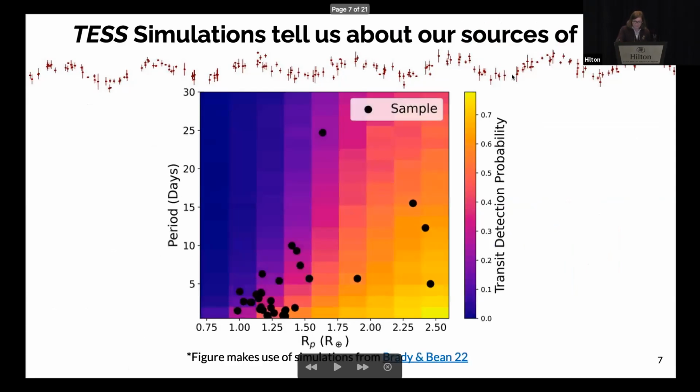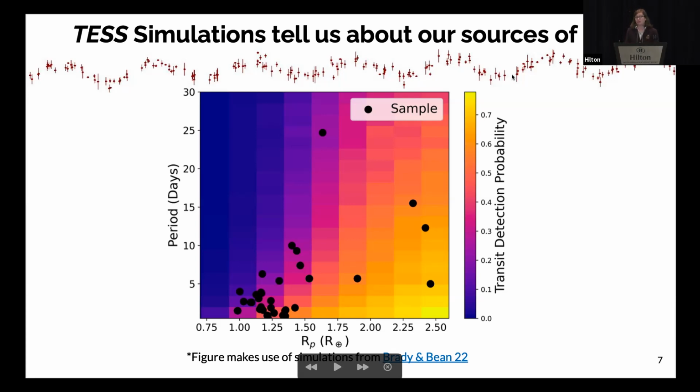Another interesting tool in our back pocket is, since our survey is primarily guided by the biases of TESS, as every single target in our sample is something that TESS found, and MAROON-X is capable of observing every single target in that sample, if we understand the completeness of TESS, we can actually understand the completeness of our sample itself and start to say things statistically about the frequency of the masses of the planets in our sample.